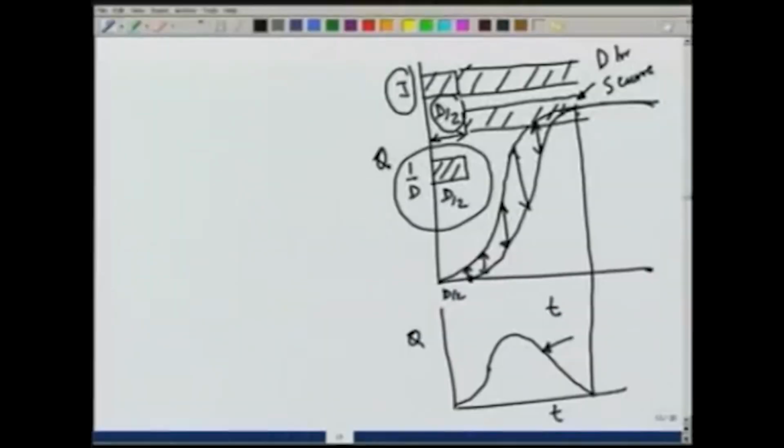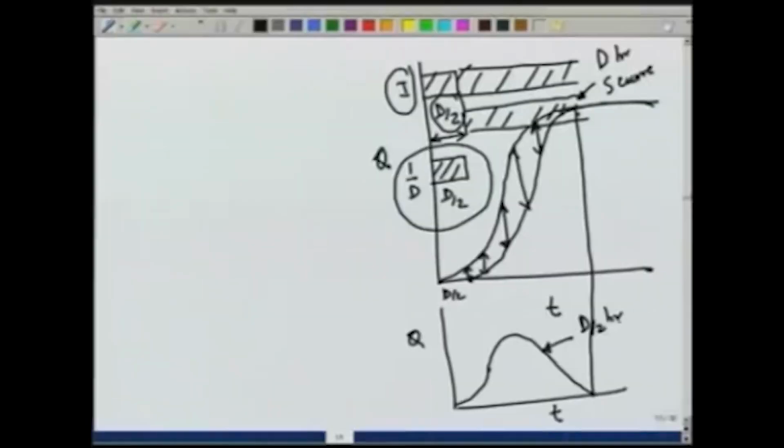So, this again we can do in a number of ways. We can first derive the d by 2 hour unit hydrograph, which is nothing but this. This is due to a rain of d by 2 hour, and intensity of the rain is 1 by d, because this is the difference of the S curve which is for a d hour hydrograph.